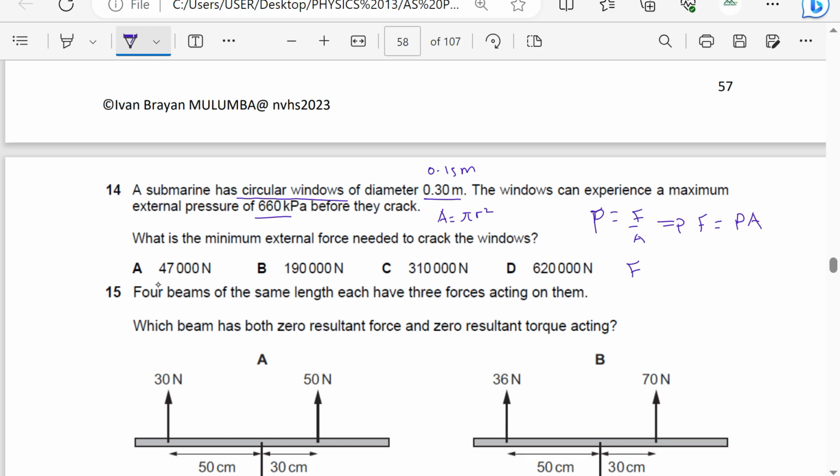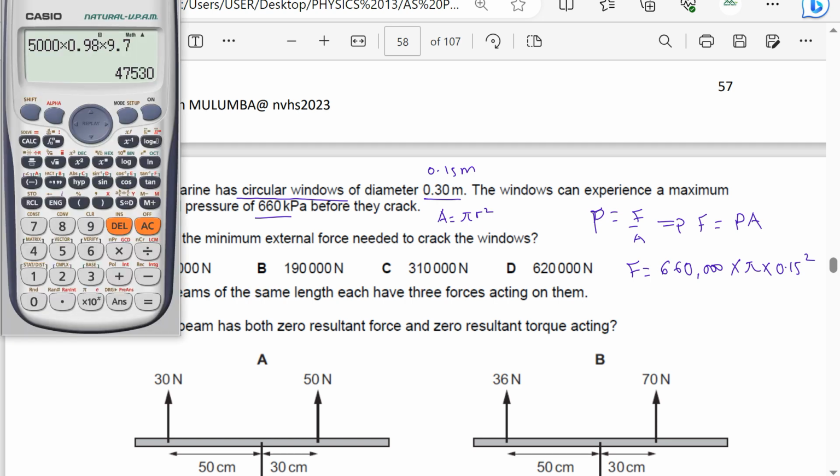So it means the force is going to be the pressure, which is 660,000, times the area, which is going to be pi times r squared, which is 0.15 squared.